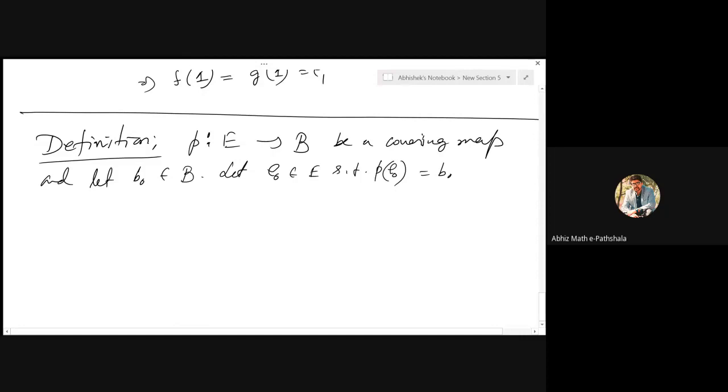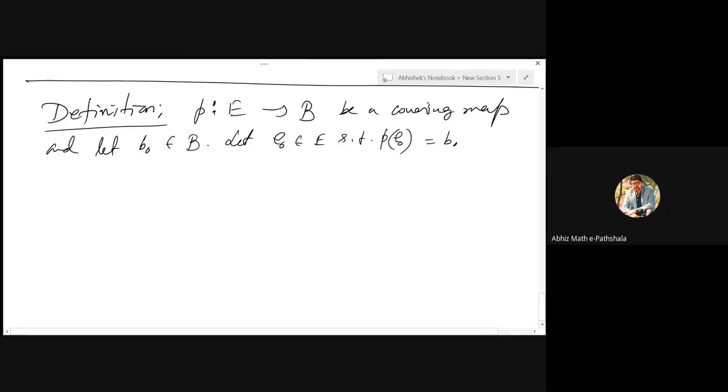Then suppose you have a class of loops f based at b naught. That is, you are considering the fundamental group of B based at b naught.